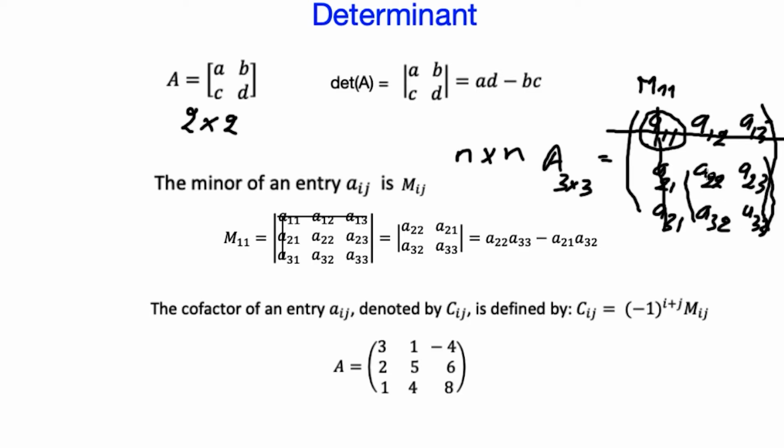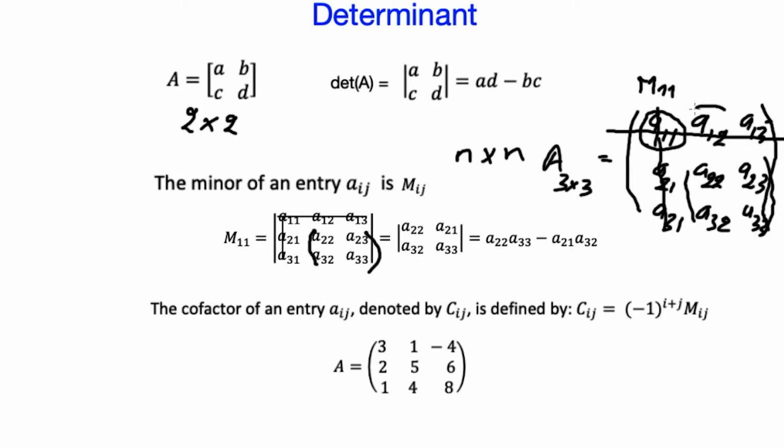So M11 here is the determinant of the remaining matrix, and this is a 2 by 2 matrix, so it's easy to get its determinant by the method here.